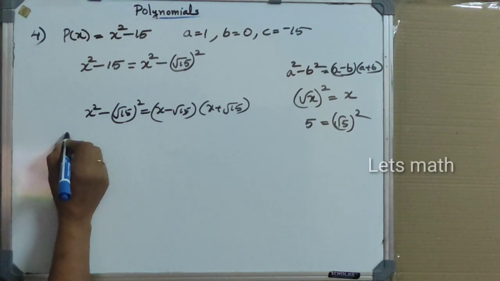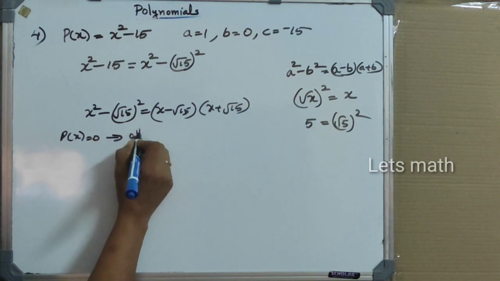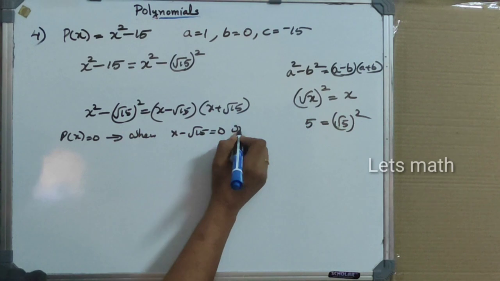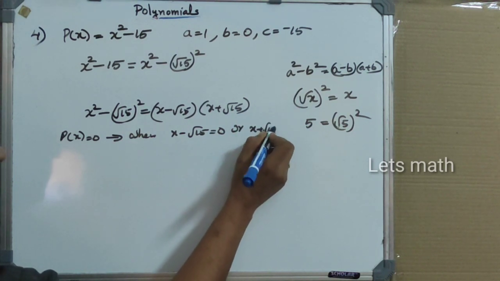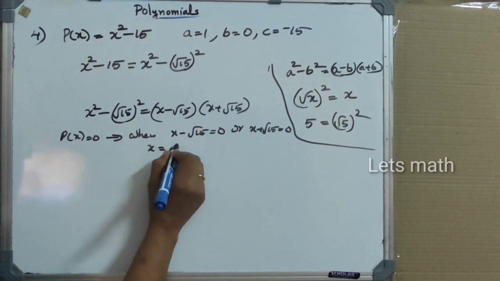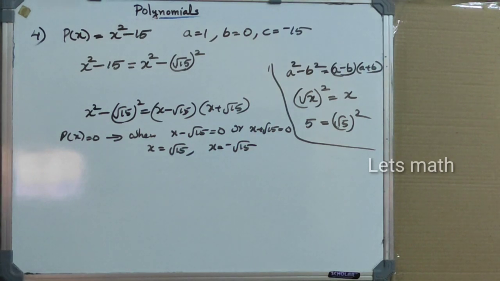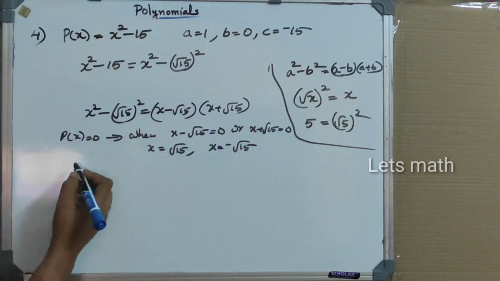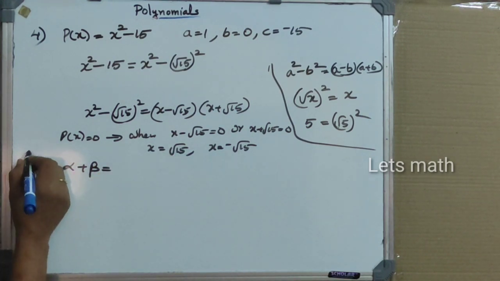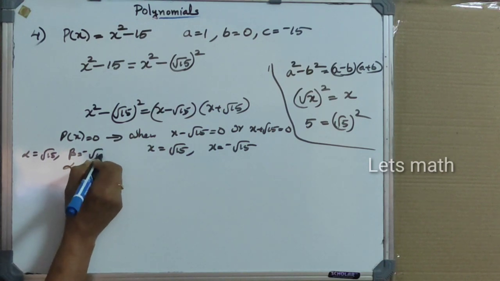Now the polynomial becomes 0 when x minus root 15 equals 0 or x plus root 15 equals 0. We get x equal to root 15 and x equal to minus root 15. Again we find the sum of the zeros. Alpha equal to root 15 and beta equal to minus root 15.